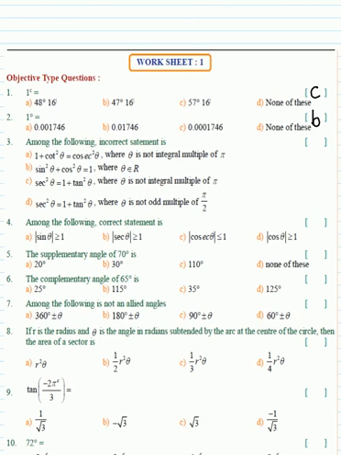So that's why if theta is not an integral multiple of pi, then we can define 1 plus cot square theta is equal to cosecant square theta.